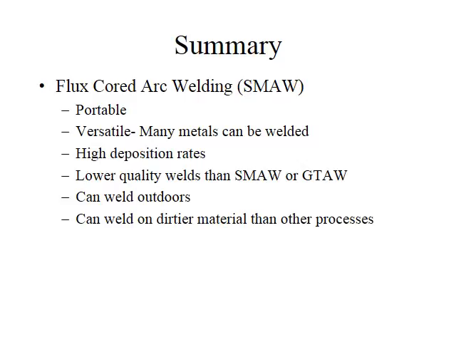The FCAW process has two major advantages: very high deposition rates and the metallurgical benefits of a flux. To increase production, powdered metals and sometimes alloying elements are added to the flux material in the core of the wire tube. The process can be used in all positions, although the larger wires and higher amperage levels can only be applied in the flat and horizontal positions.